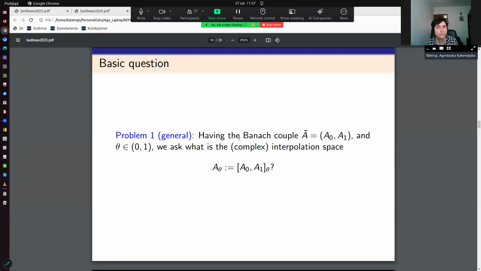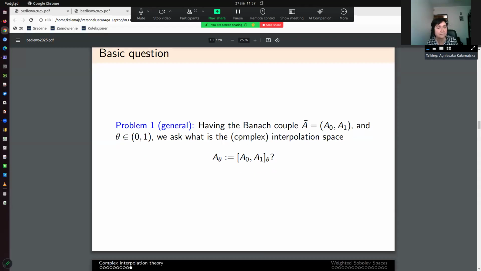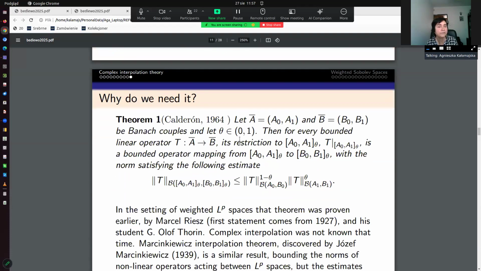The question, as an abstract question, is very interesting because we can work and be laborious all the time. But the careful person can ask, why do we need it?